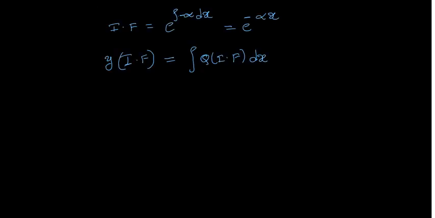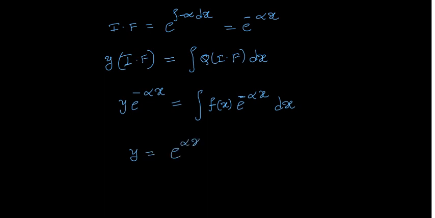Now y into e power minus alpha x equal to integral, and you know what q is. q is nothing but f of x, and the integrating factor is e power minus alpha x into dx. So our aim is to find what is y. Therefore y equal to, you just send e power minus alpha x to the other side. So the formula for this is e power alpha x integral e power minus alpha x into f of x into dx.